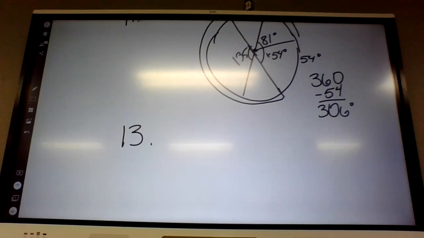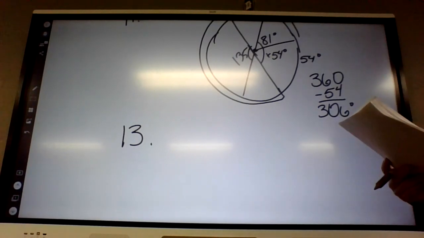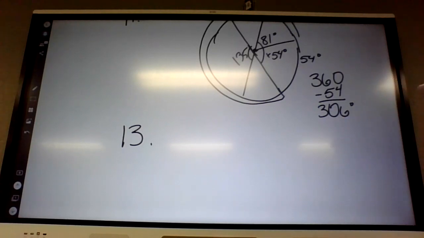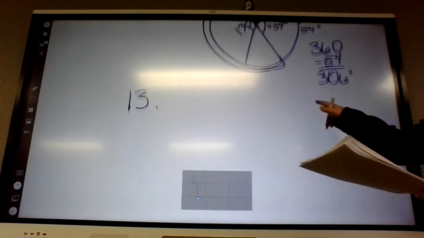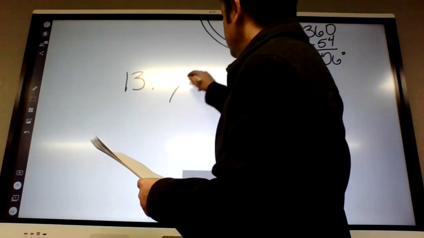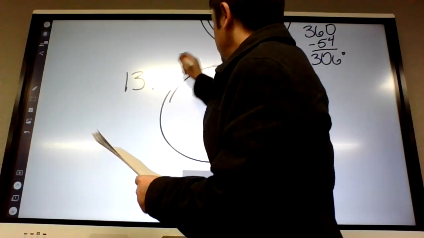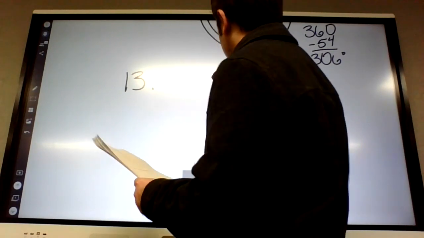So if the big angle on top is 126 and they're both equal, what must each of those little angles have to be? Tricky. The two smaller angles.